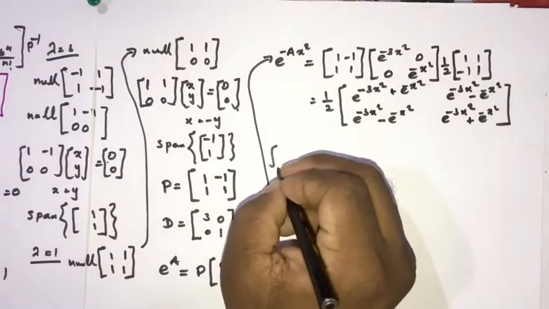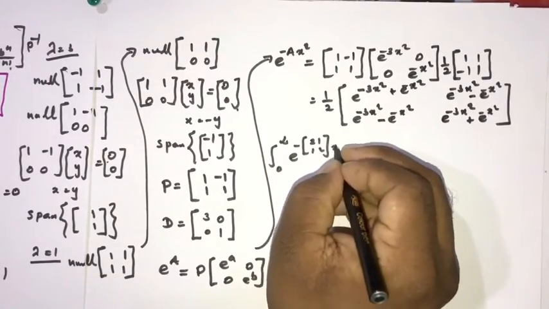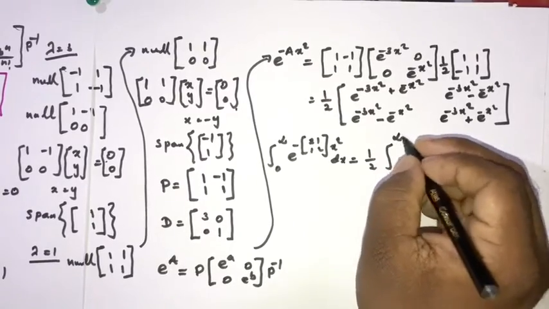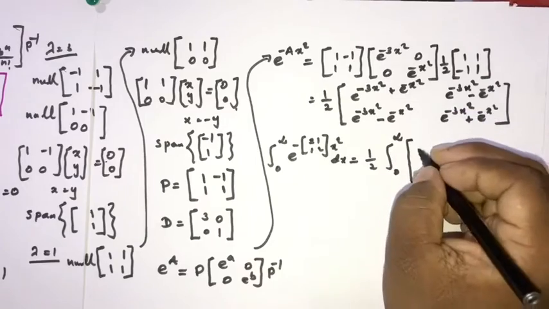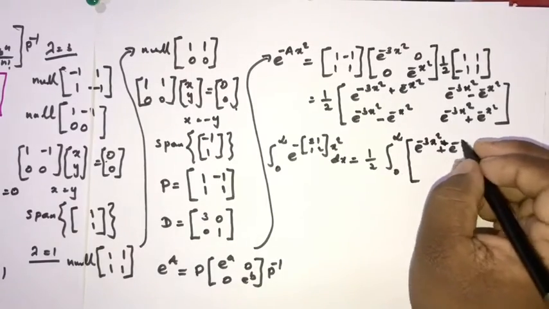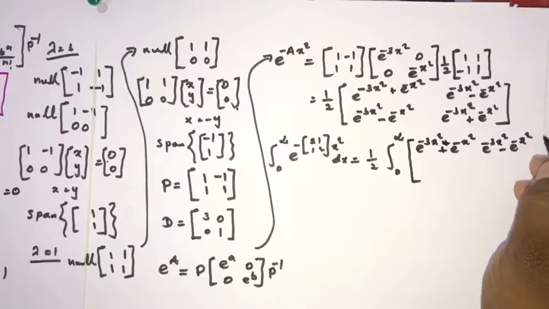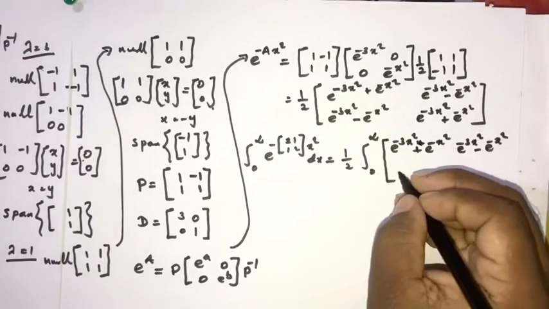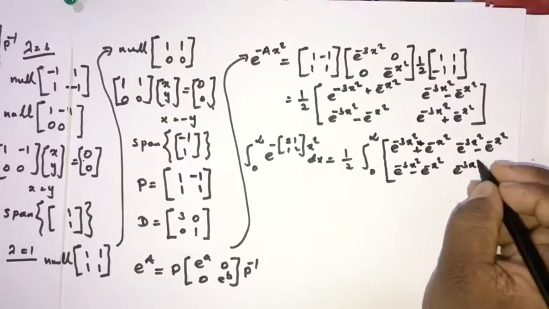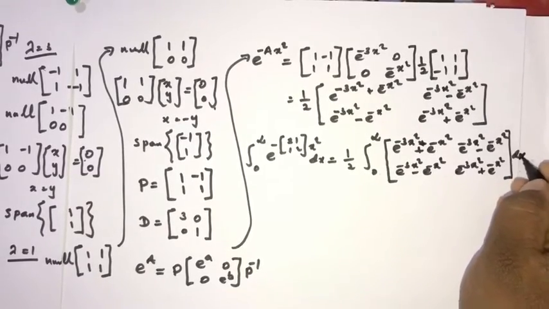Okay, then our integral from 0 to infinity of e to the minus (the matrix) x squared dx is equal to 1/2 times the integral from 0 to infinity of the matrix with entries e to the minus 3x squared plus e to the minus x squared, e to the minus 3x squared minus e to the minus x squared, e to the minus 3x squared minus e to the minus x squared, and e to the minus 3x squared plus e to the minus x squared, dx.